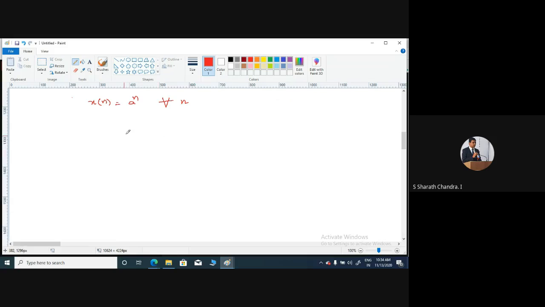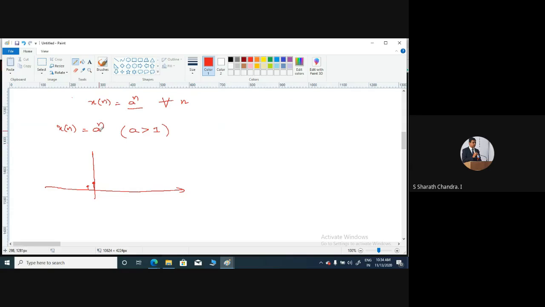So once again it depends upon the values of a. When x of n is equal to a power n for a greater than 1, you generally see the shape of this discrete time exponential something like this. It goes on continuously increasing.